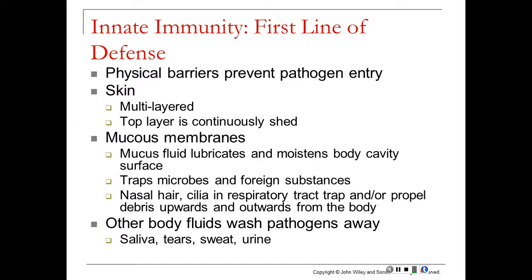Those mucous membranes line those body openings, trapping microbes and foreign substances within your nasal cavity, within your mouth, etc. This includes nasal hair, the cilia, and the respiratory tract, which all helps to propel the debris upwards and out of the body. It's called the mucus escalator in your respiratory tract. Kind of a cool word. There's also other body fluids that help wash pathogens away. This includes saliva, tears, sweat, and even urine.